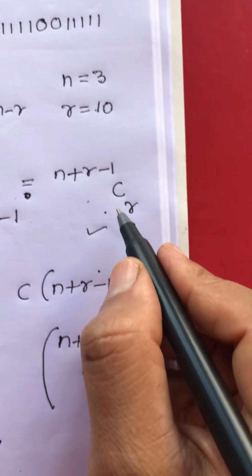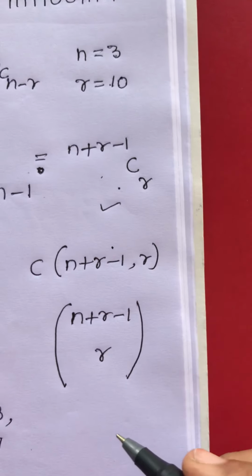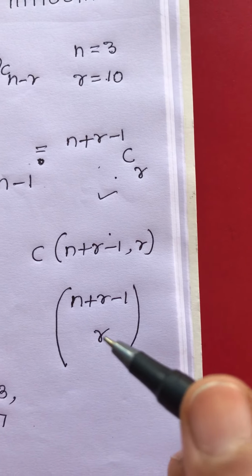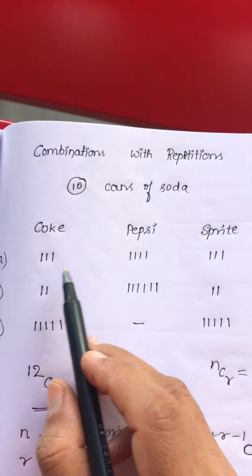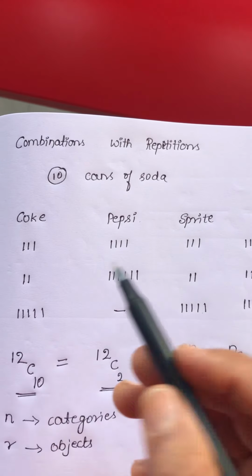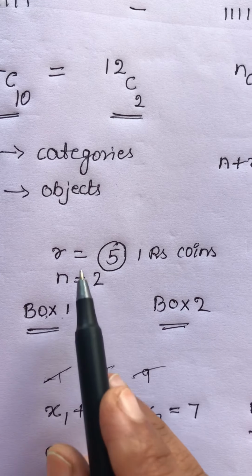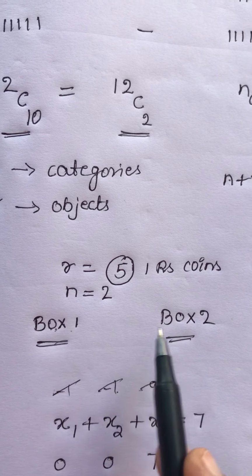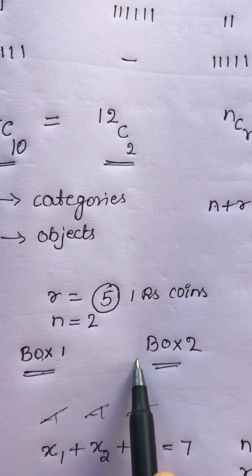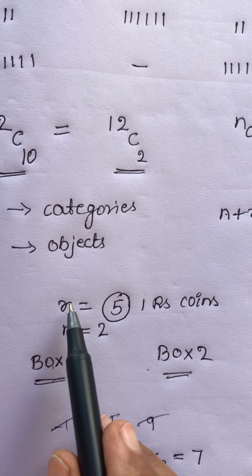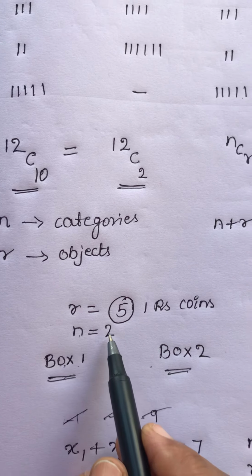So one formula is doing 3 different things, right? One is for selection of objects from different categories. Other is for when we want to put identical objects in distinct containers; there also we use the same formula by taking r objects and n containers.